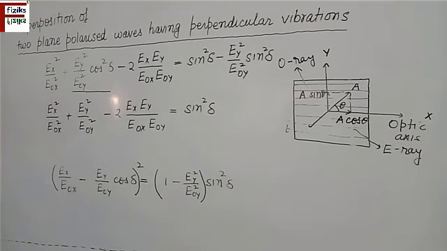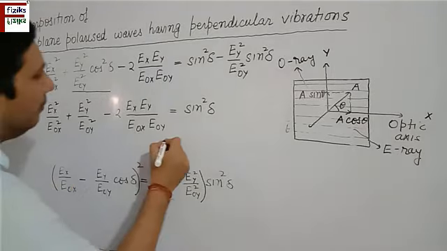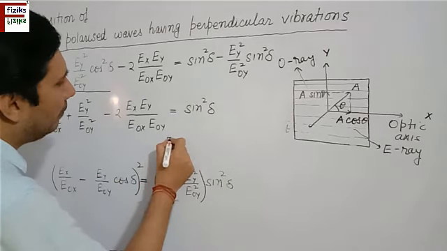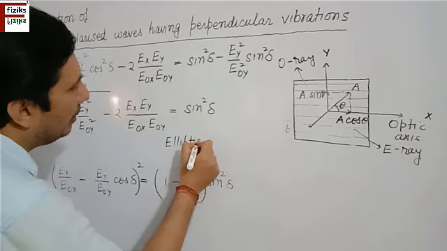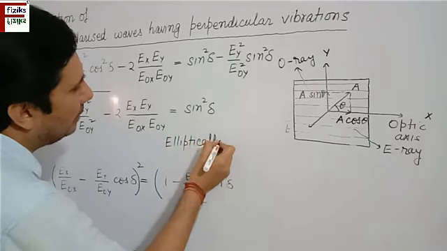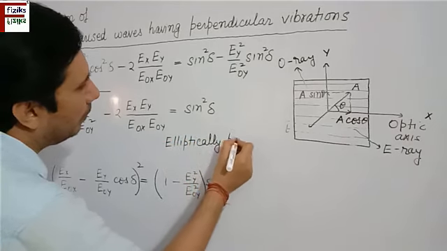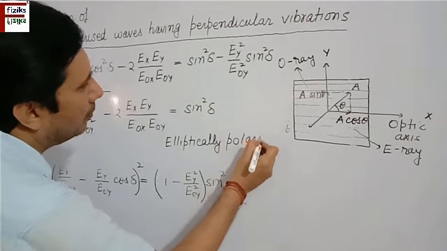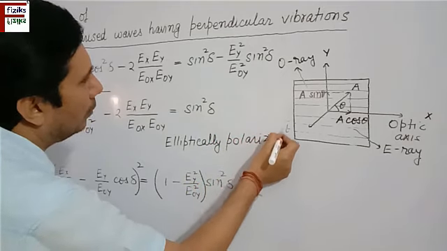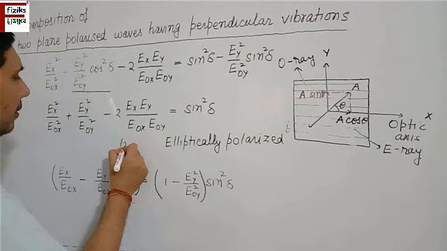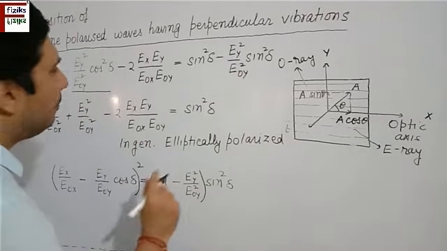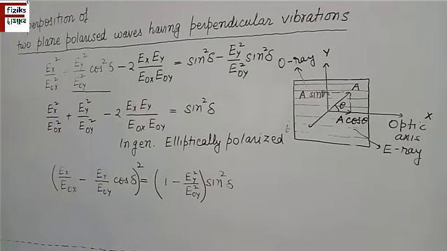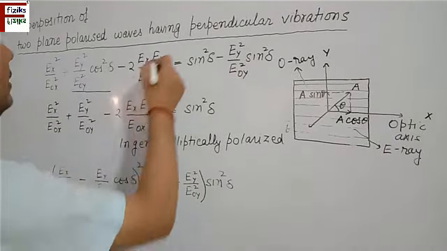So on the emerging side, in general, we will have elliptically polarized light. But sorry, here I forgot one thing.